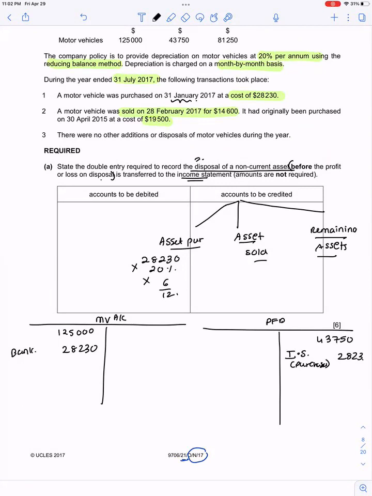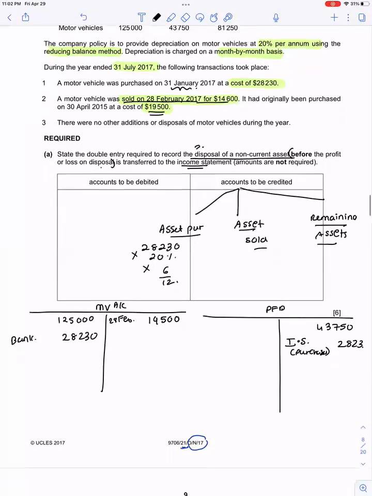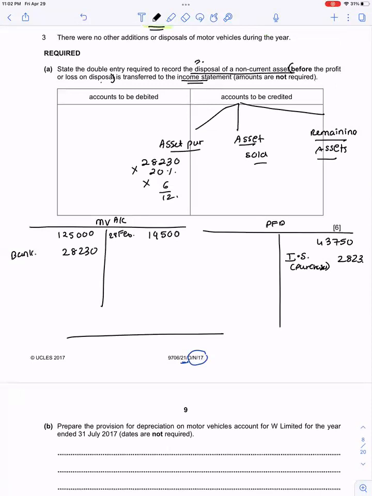Yep. Now I have sold an asset on 28th February for 14,600. Its original cost is 19,500. So I am selling it. Original cost is how much? 19,500. So I credit over here, and in the disposal, what do I do?